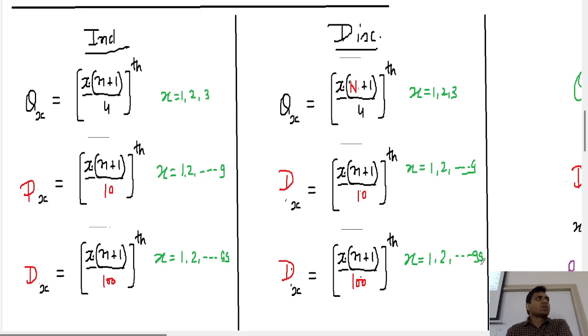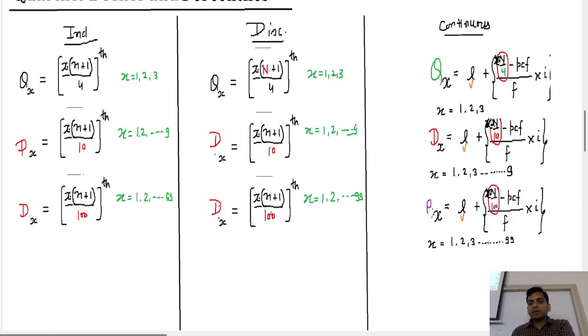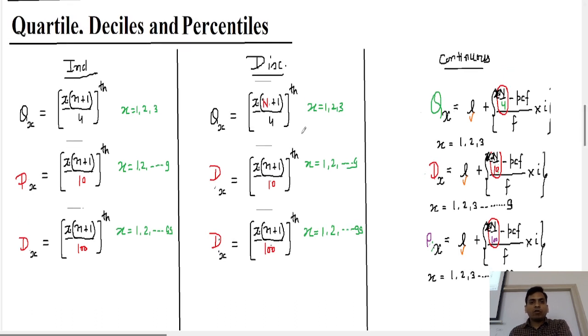Is the structure clear? Are all formulae clear? Anyone? Any doubt? So these are the formulae for individual data. This is discrete and this is continuous. In discrete it will be capital N. This is capital N, not small n.